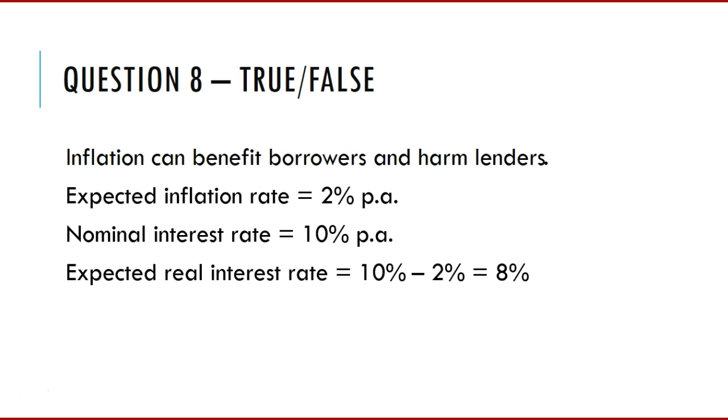I can buy 8% more stuff than at the beginning of the year. But what if, after you've done these calculations, it turns out that the actual inflation rate for the year, unbeknownst to you, unanticipated by you, is 10%? What will be your real rate of interest now? What will be your real return on your loan?